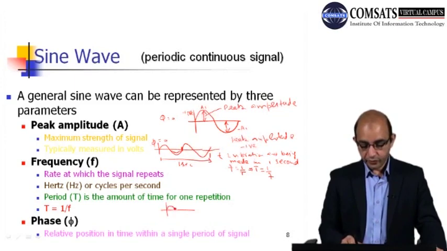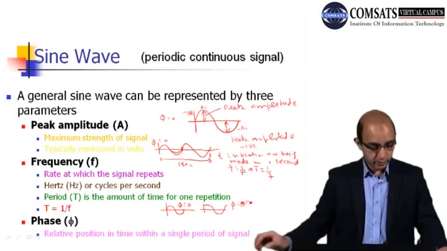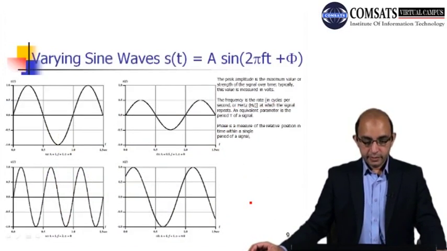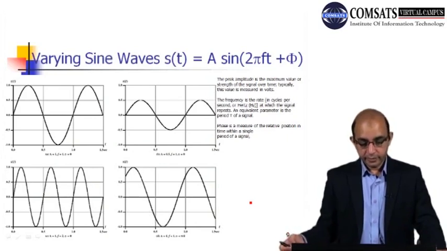Here we have phi equal to 0, and here the phi is not 0, it is equal to some degree, you can say theta degree, right? So it's not 0 over here.